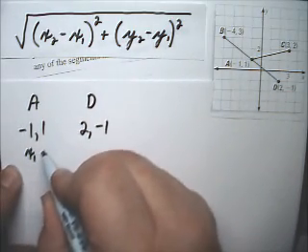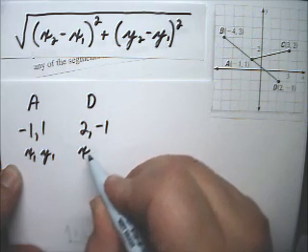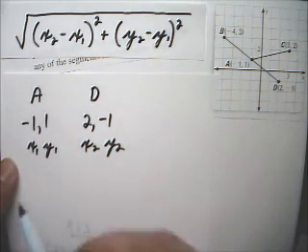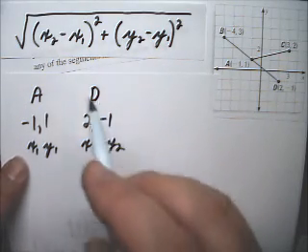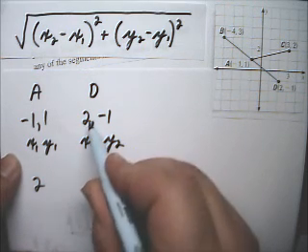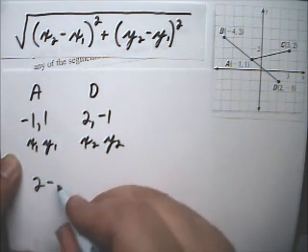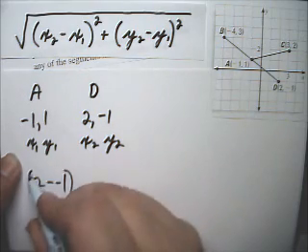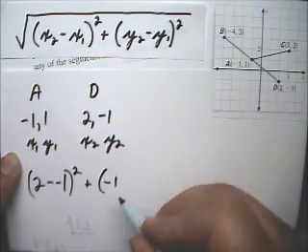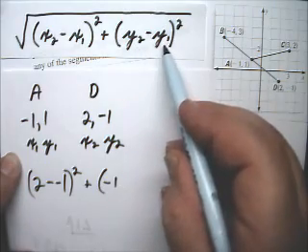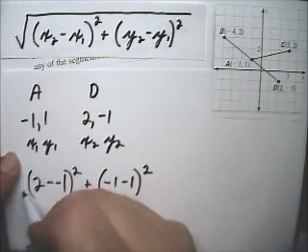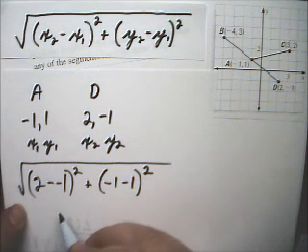That makes this x1, y1 and x2, y2. x2 minus x1, that's 2 minus a -1, squared, plus -1 minus 1 squared, and it's the square root of all this.